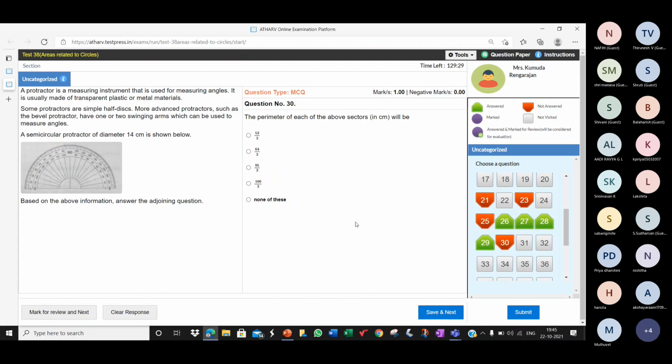Yes, children. The perimeter of each of the above sectors in centimeters: the perimeter of one sector you have to find. We are not in a hurry. If you're not able to finish, please tell me. I'll wait for you.